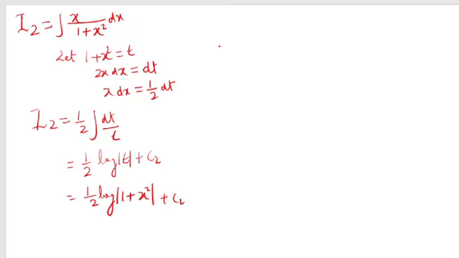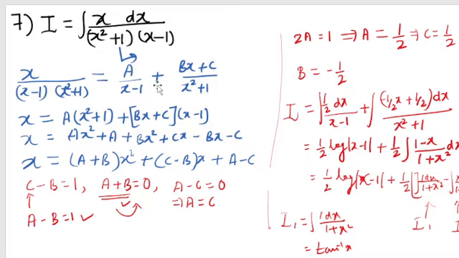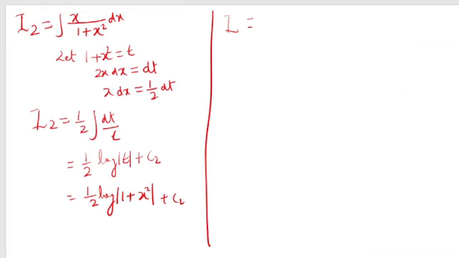Now we are going to write the final answer. I is equal to half log mod x minus 1, plus, with 1 by 2 common for both, I1 which was tan inverse of x, as I remember.